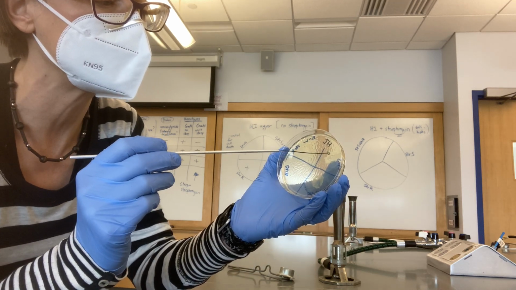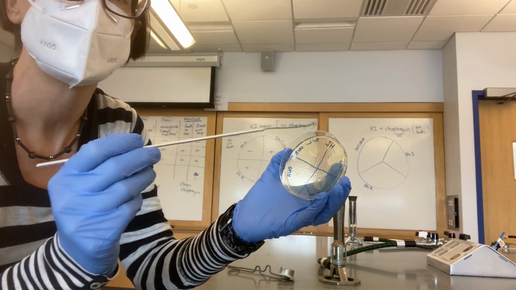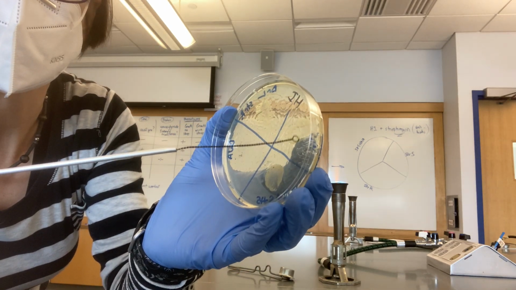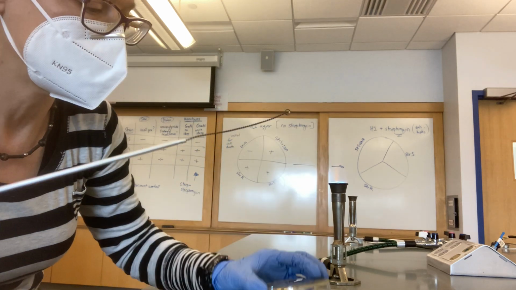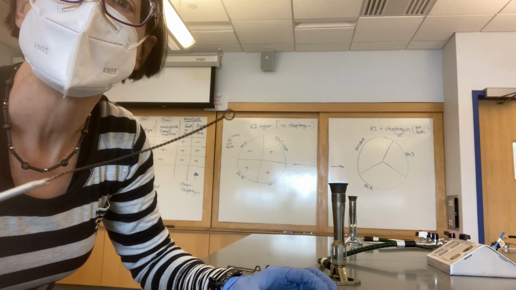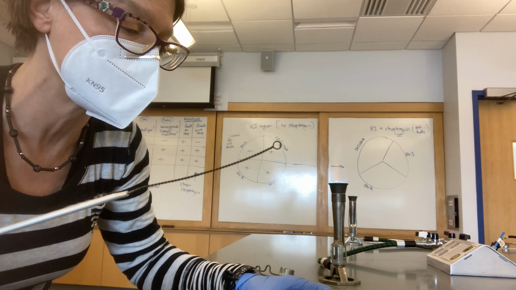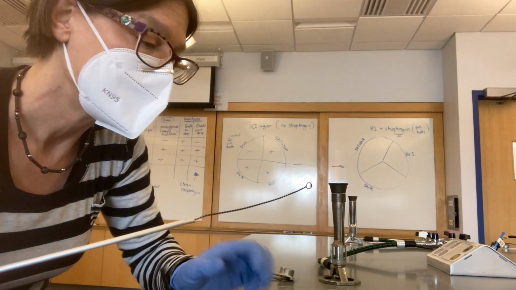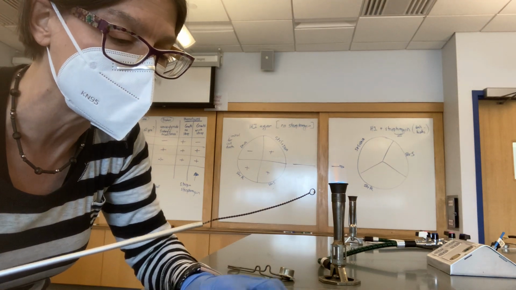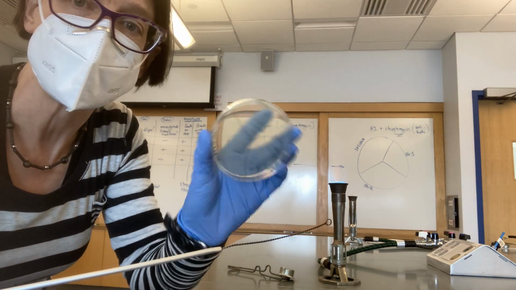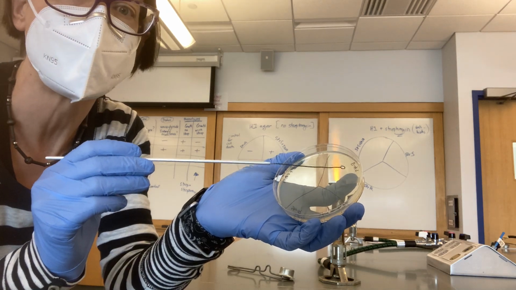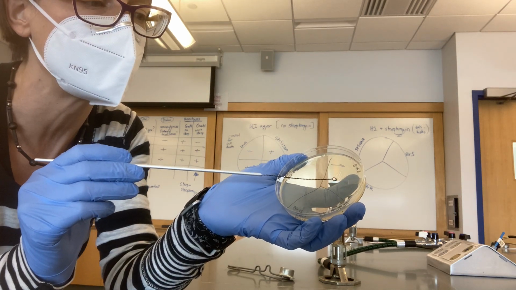Scoop up some of the cells. I've got a little bit of growth on the tip of this. I can visualize that as a little bit of yellow, scummy looking stuff. And then I'm going to inoculate the STRS third of this plate just by going back and forth in that area of the plate.